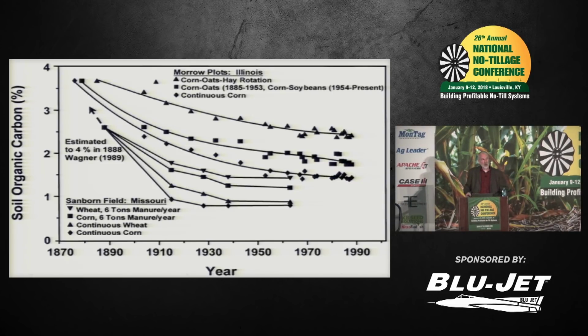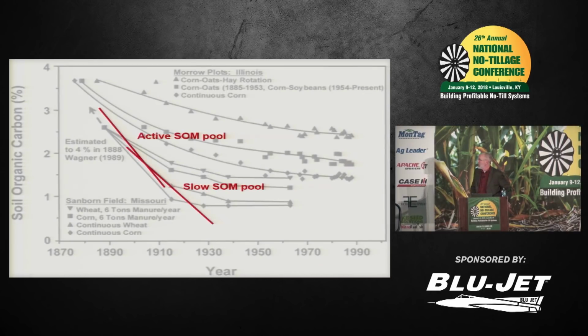So based upon what we already said, what's continually happening to carbon in the soil? It's going back to the atmosphere, right? So what happens if we don't regularly replace it? We start running into deficits. So based upon those curves that we have for over 100 years where we've looked at soil organic carbon, we can draw our lines.